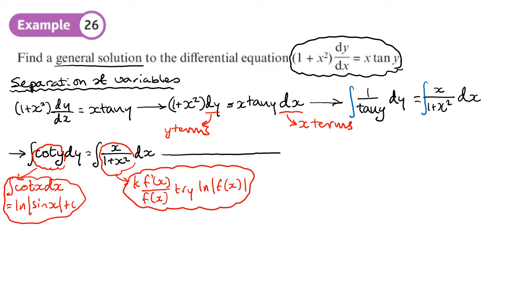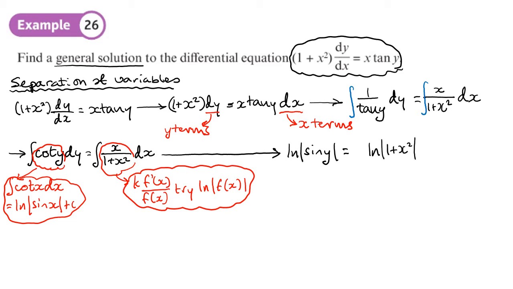So let's do that over here. So I will have on the left hand side natural log sine y. I don't put plus c just yet. I'm just going to put 1 plus c at the very end, equals, so first of all I'm going to try the log of 1 plus x squared.